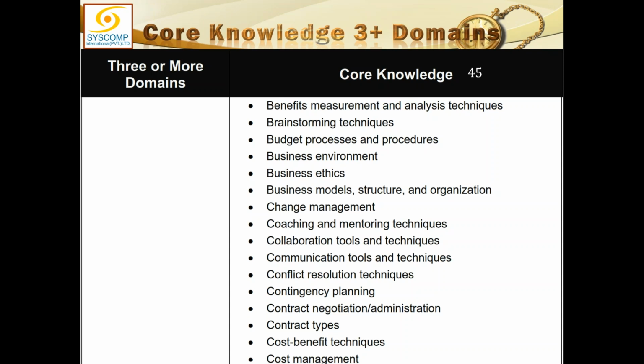Coaching and mentoring techniques, collaboration tools and techniques, communication tools and techniques, conflict resolution techniques, all these you know and understand. Contingency planning, contract negotiation and administration, contract types. I hope you understand what different contract types there are.